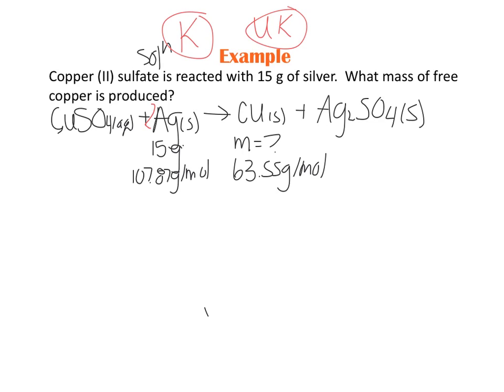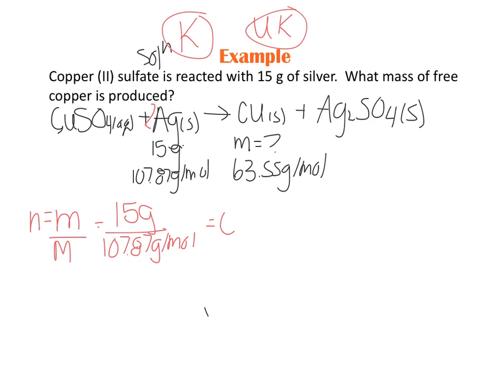We just start with finding the moles of our known. So n is equal to little m over big M, which is equal to 15 grams divided by 107.87 grams per mole, which is equal to 0.1391 moles of silver.